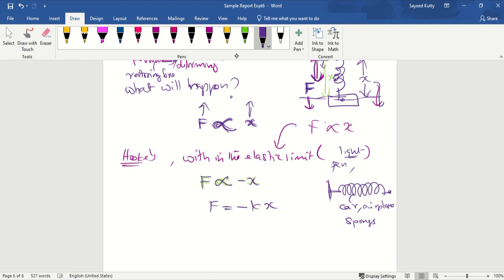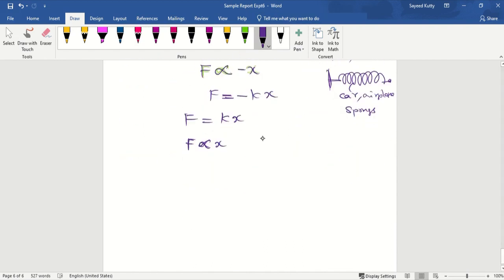For simplicity, we are not going to bother about the direction of the restoring force and the minus sign. We're just going to take this equation as F is equal to Kx. So we understand that if you increase the force on the spring, the extension is also increasing, or the compression is also increasing.